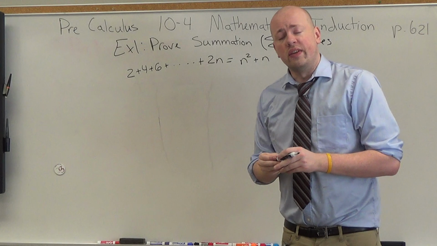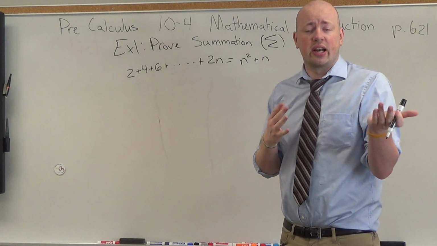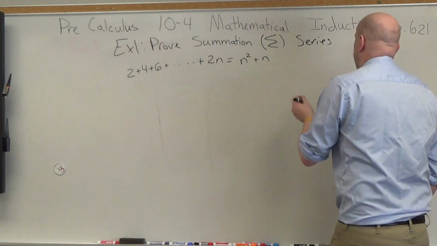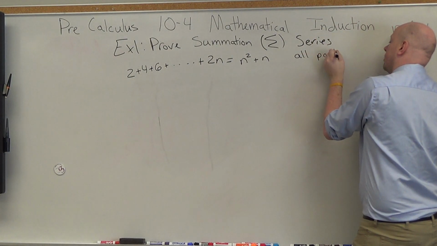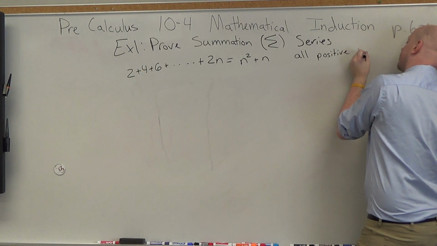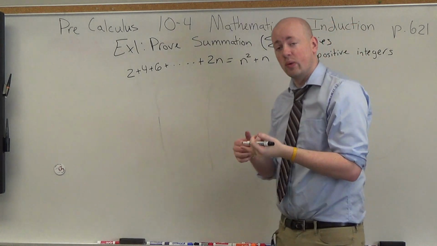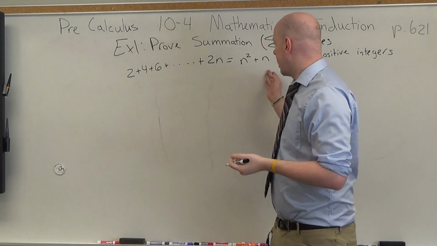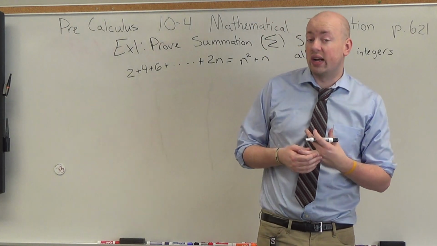Now often, these will have a set restriction. We're going to use the same restriction the entire lesson here, for all positive integers. Positive integers obviously being 1, where it starts, and wherever it ends. Well, we couldn't use 0 because, again, 0 is not positive.